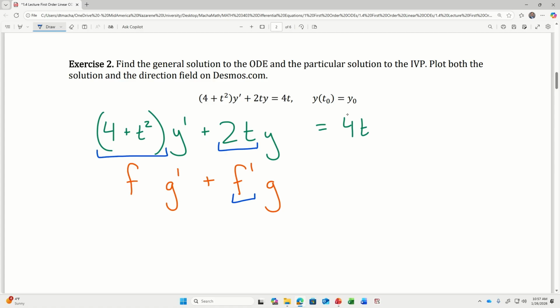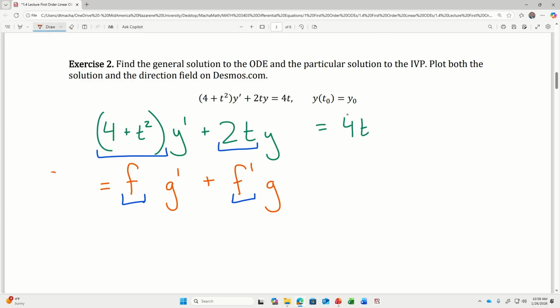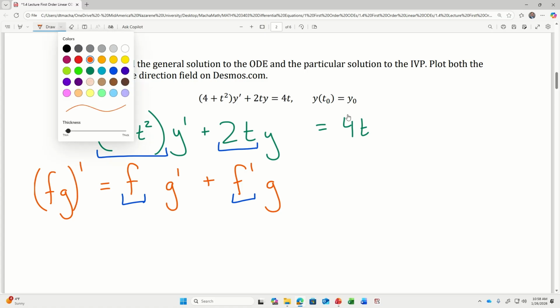Does that make sense? But the derivative of 4 plus t squared is 2t, right? So that's really convenient. That works out. So this is kind of a special case. It doesn't happen all that often. But that means it's the same thing as taking this product and then taking the derivative.